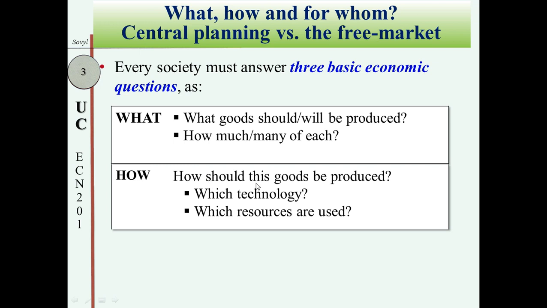In order to produce goods and services, we use resources and technology. So what are the resources that we use? Raw material, natural resources, human resources, capital resources, or financial resources, together with technology.